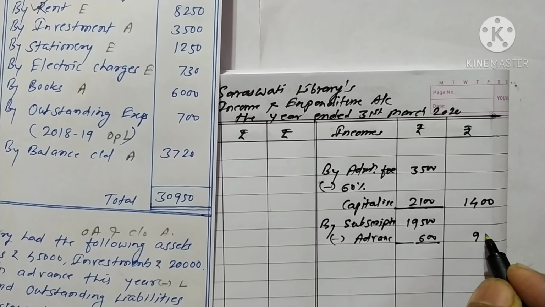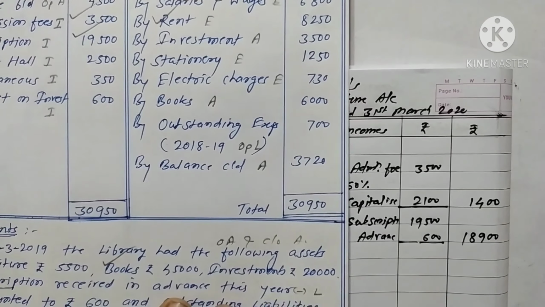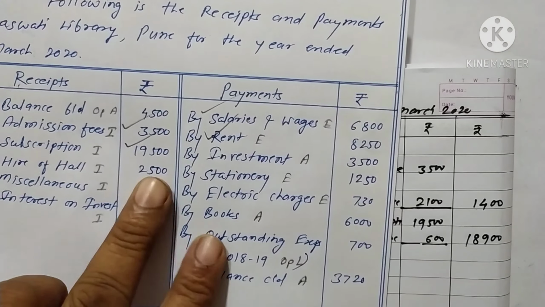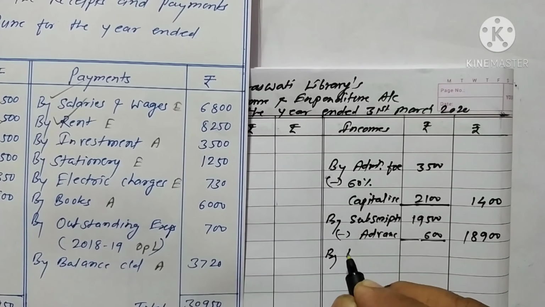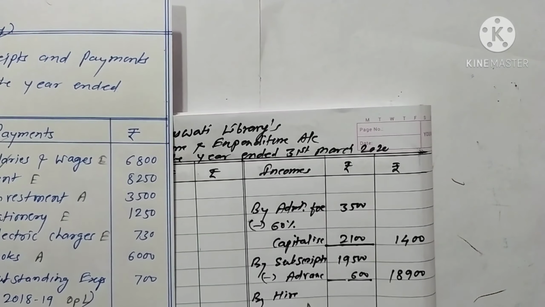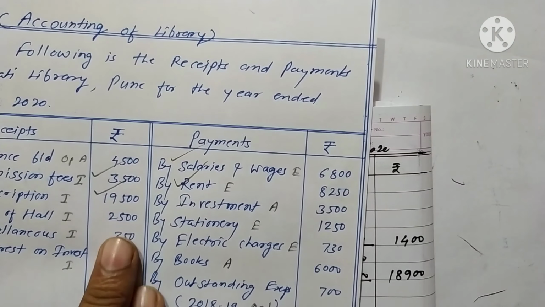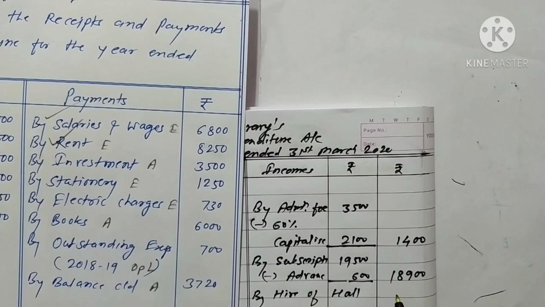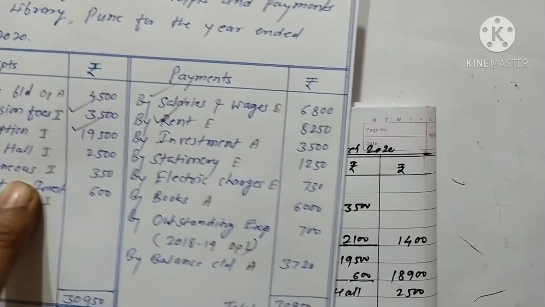Deductions 18,900. Next is hire of hall. We have to write here, it is by hire of hall, rupees 2,500. Next is miscellaneous income.